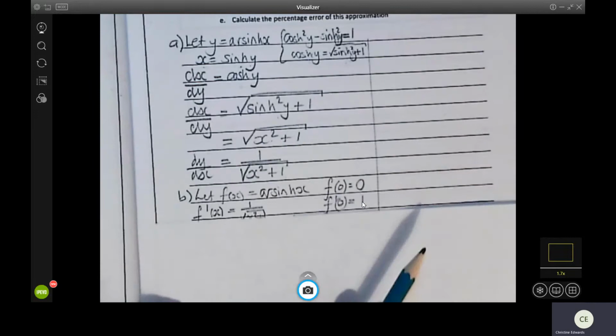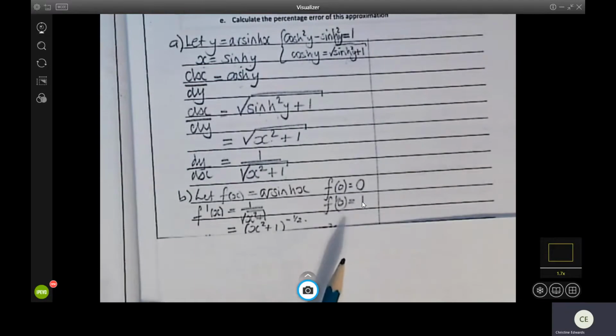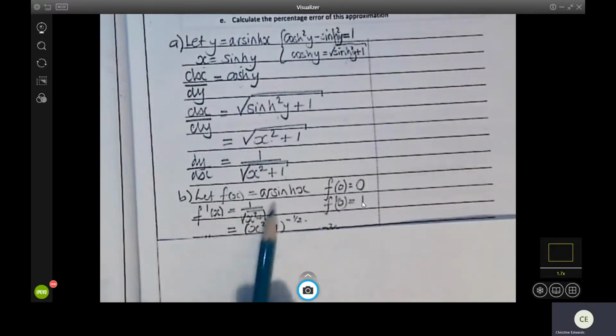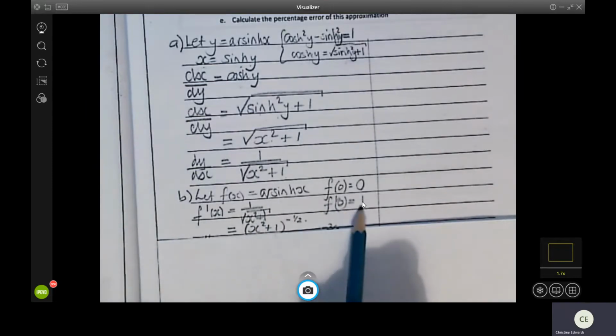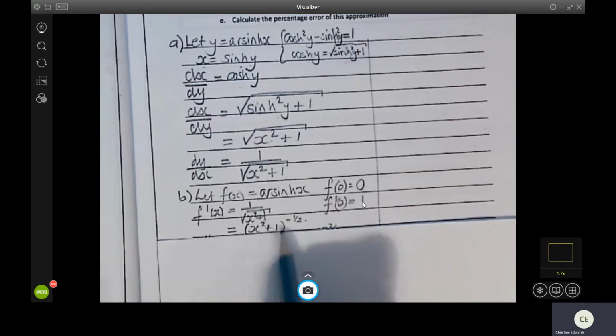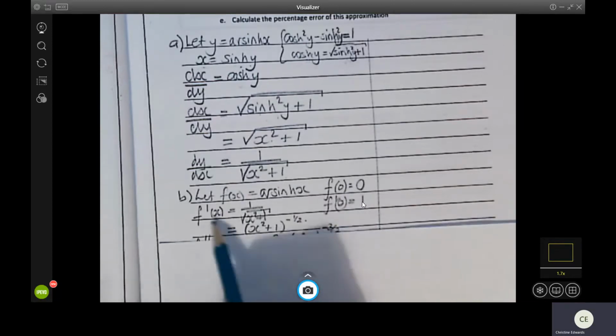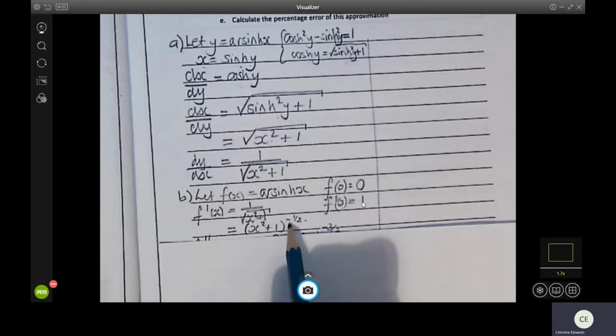We'll then differentiate, which is the result that we obtained in A. If we sub 0 in, we will get a value of 1. So that's our first non-zero term. I've then written the first derivative with a negative index so that I can use the chain rule to obtain the second derivative.